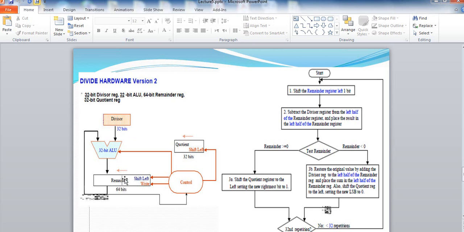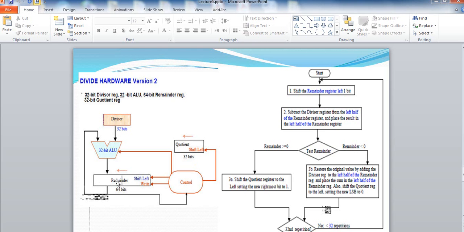The remainder is 64 bits, so we put all the results from the dividend here and shift it to the right. So we do shift right. There is no shift left here. Every time you shift right, you put 0 in the quotient, unless you compare the divisor with the remainder.